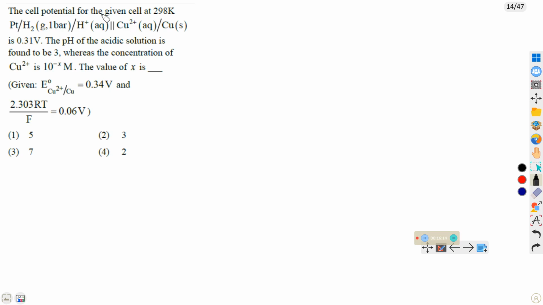The cell potential for the given cell at 298 kelvin is given by the cell representation. By using this cell representation, first construct the cell. H2 gas is converted to H plus and Cu2 plus is converted to Cu. Balance the reaction: 2 moles of H plus.